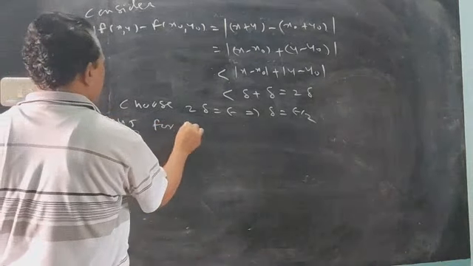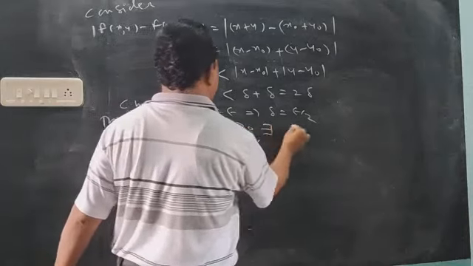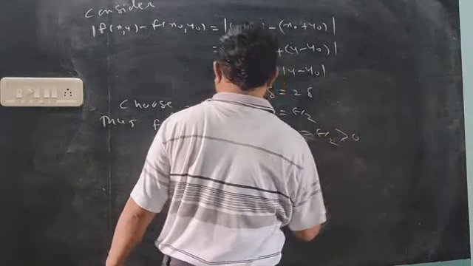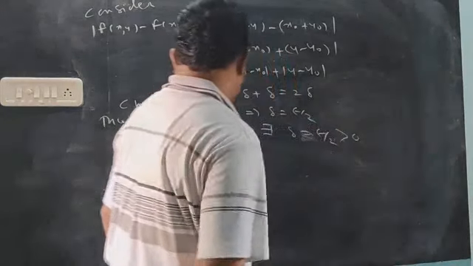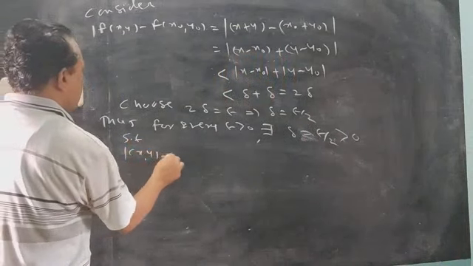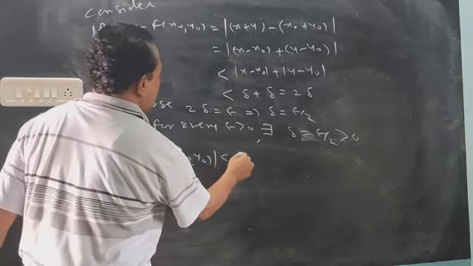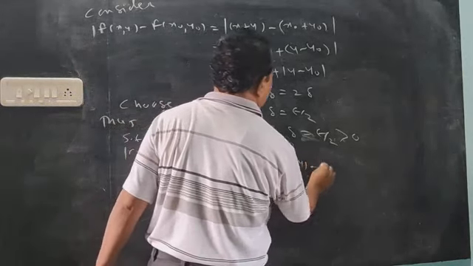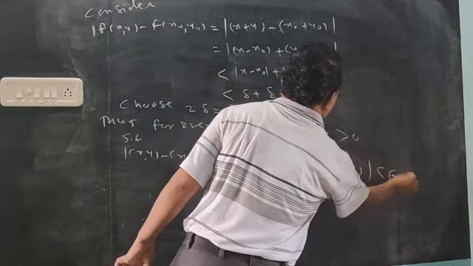So thus, finally, write down the definition again. For every epsilon greater than 0 there exists delta, where delta is epsilon by 2. Epsilon is positive, so epsilon by 2 will also be positive. Such that mod of the pair xy minus the pair x0 y0 is less than delta, then we have shown that mod of f of xy minus f of x0 y0 is less than epsilon.